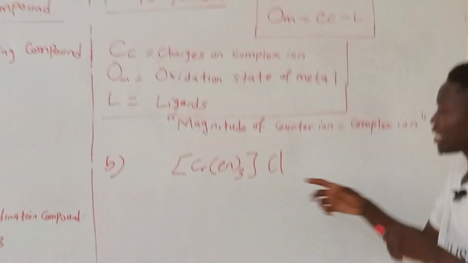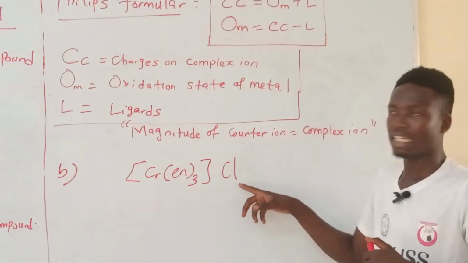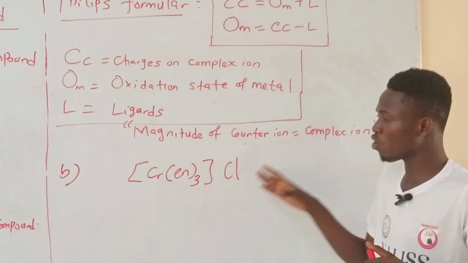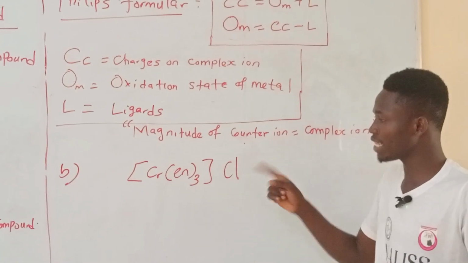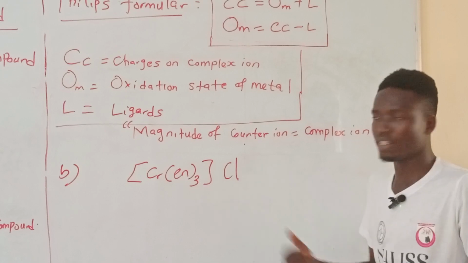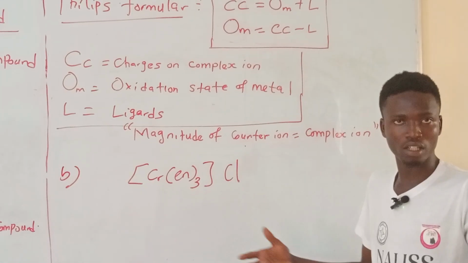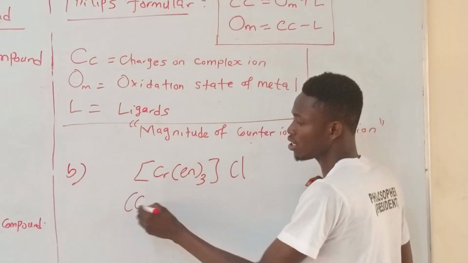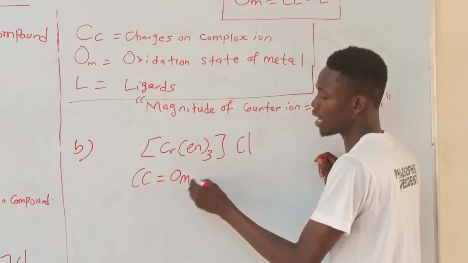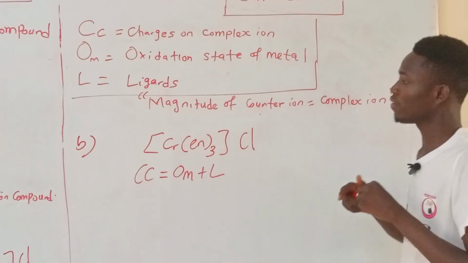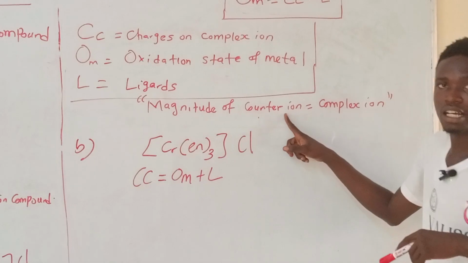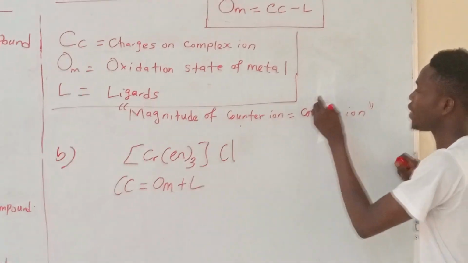But I told you that the number of anions that you will write from the name is not depicting the actual amount. So you have to get how much chlorine should be outside. Is it 1 or should it be more than 1? And I've told you that the formula is CC equals oxidation state of metal plus ligand, since the magnitude of your anion equals the charge on the complex ion.